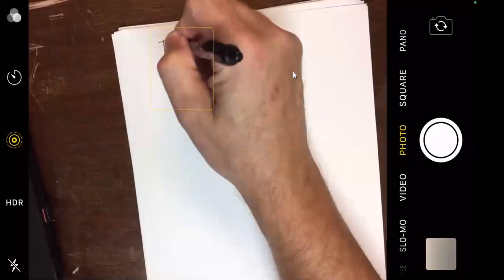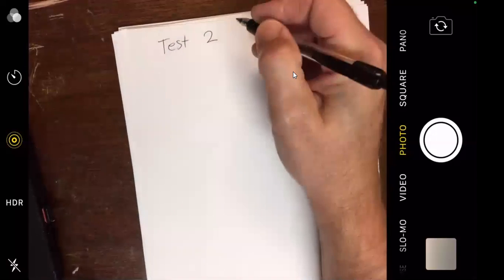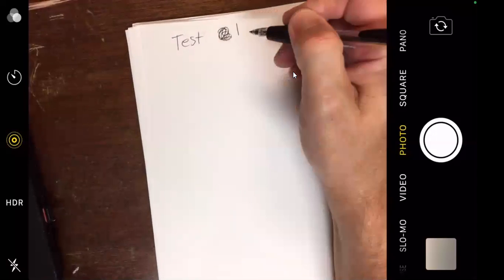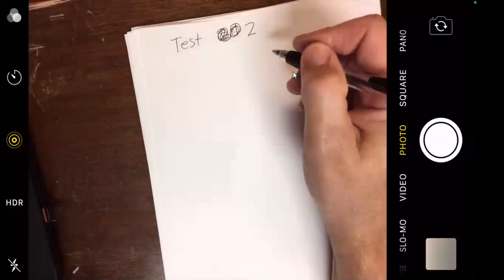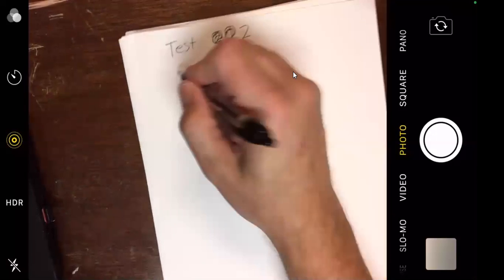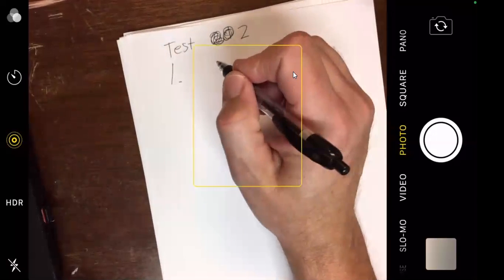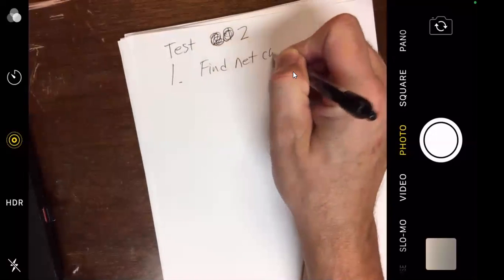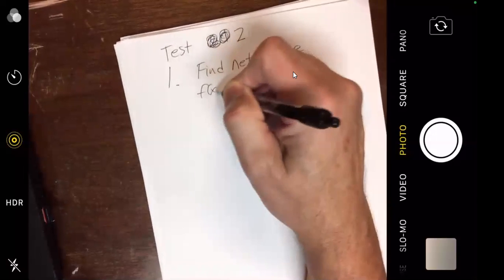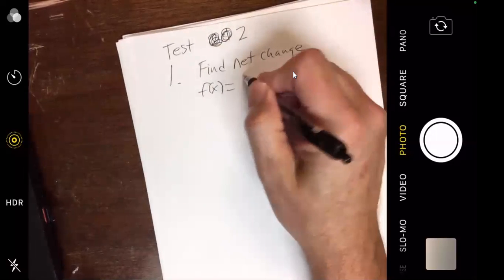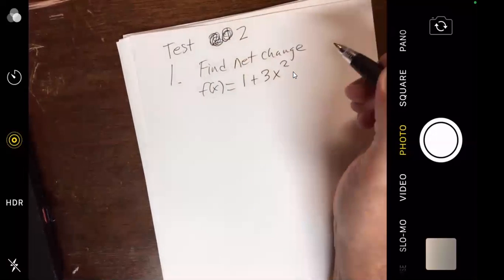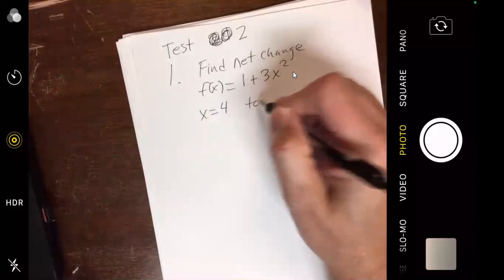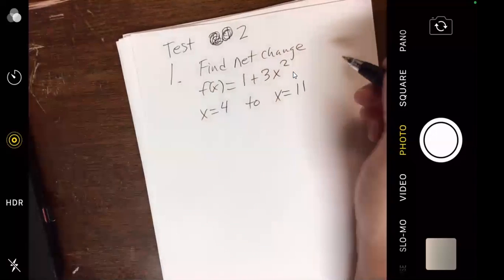It's test 2, and it's the first problem. Find the net change of f of x equals 1 plus 3x squared between x equals 4 and x equals 11.